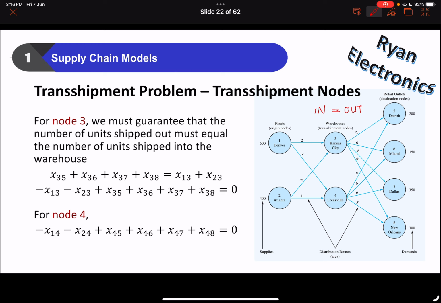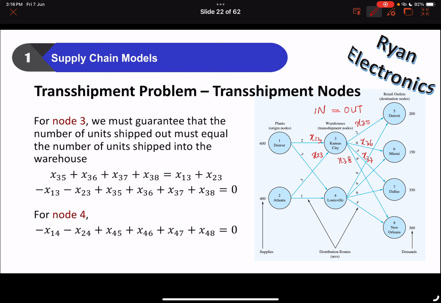So if we look at shipping out, this is out. So we have X35 plus X36 plus X37 plus X38, which must be equal to what is coming in, X13 and X23.